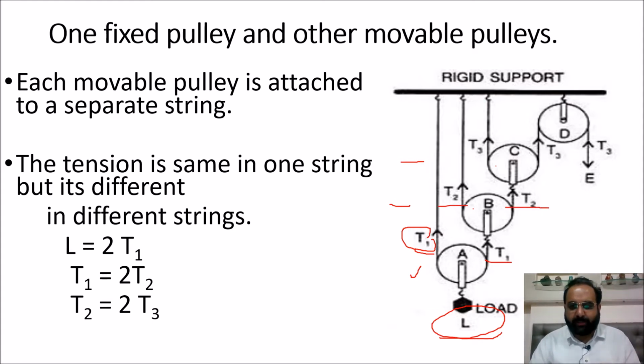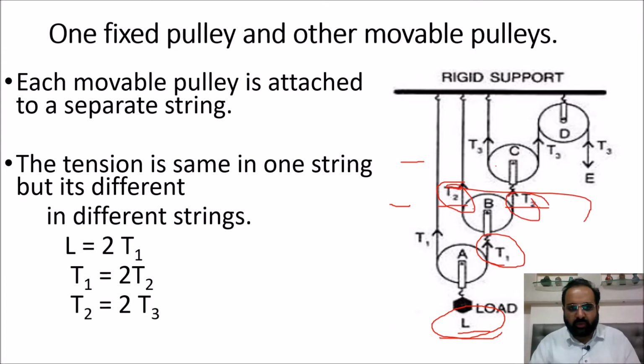Yes. See, I will repeat myself once again. This load L, as it is balanced by these two strings, here we get T1 and T1. So in the same way, can we say that this T1 will be balanced by this T2 and this T2 over here? Yes.